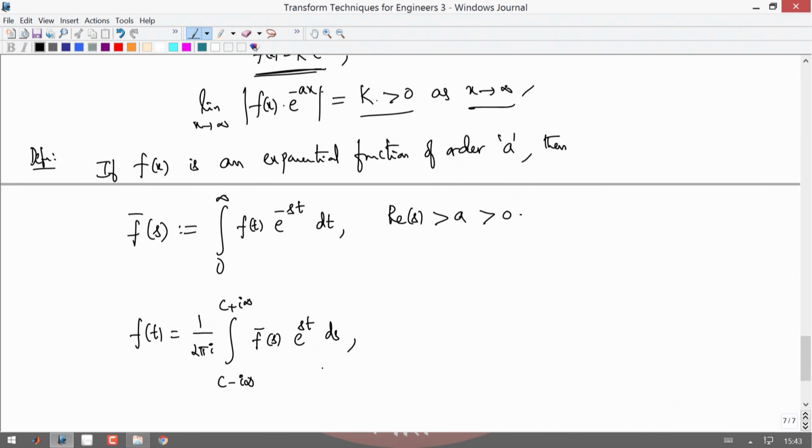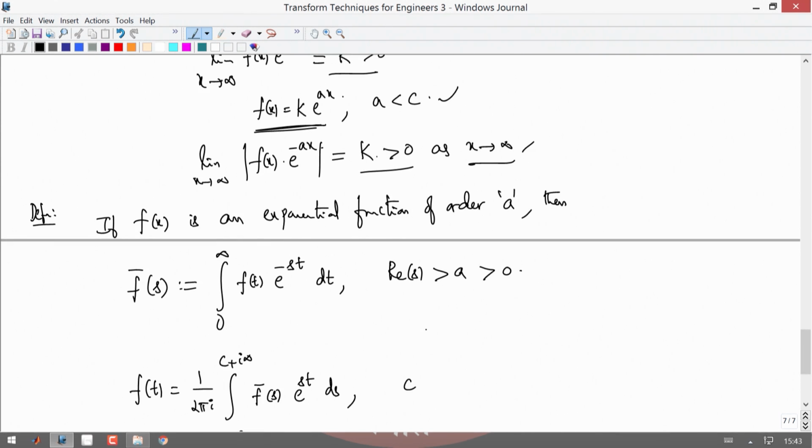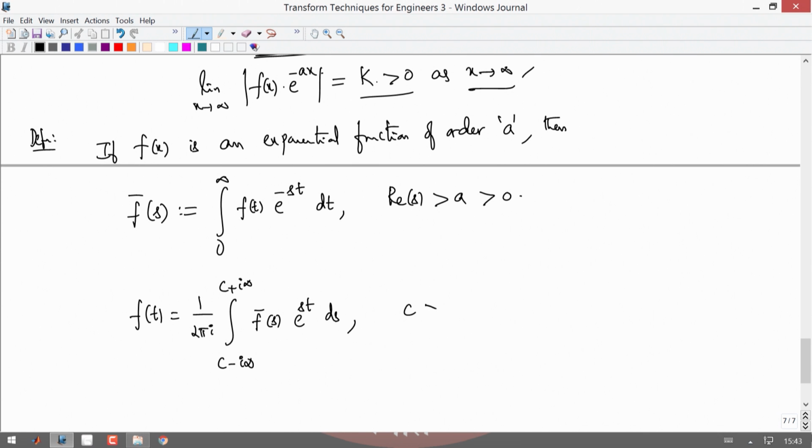So this is your inverse transform. What happens to your c? C is in such a way that c is actually greater than a. So real part of s, again, what is c? Real part of s which is c, so that is c is bigger than a.